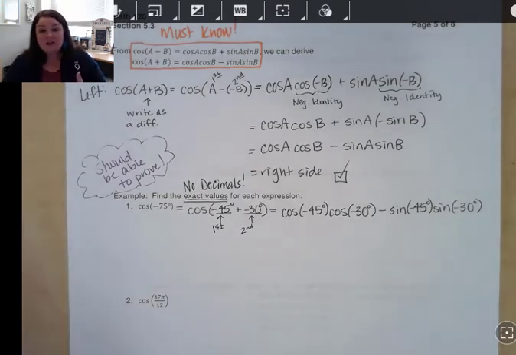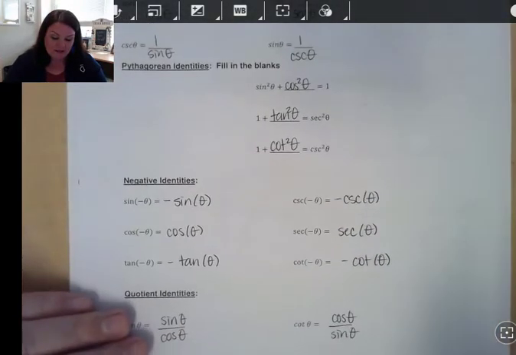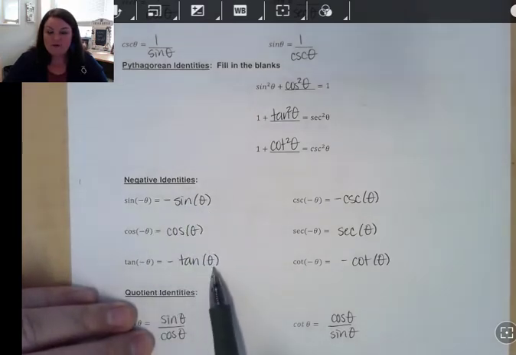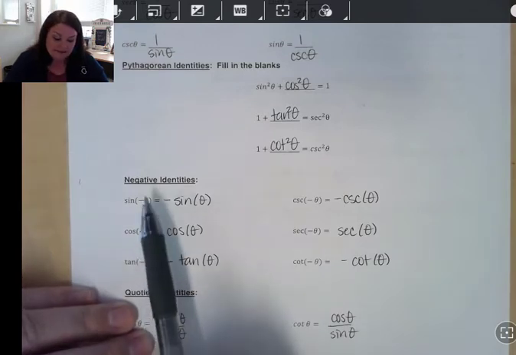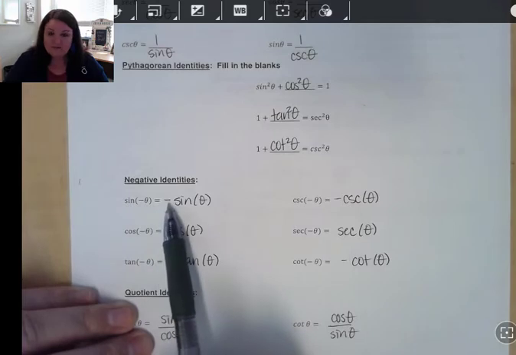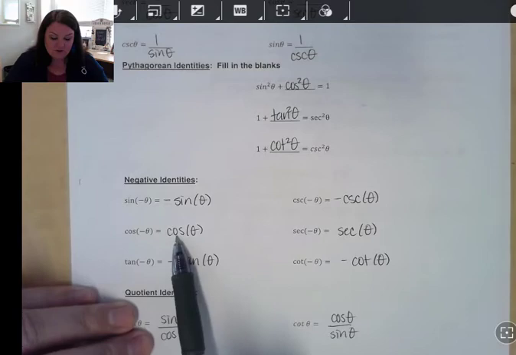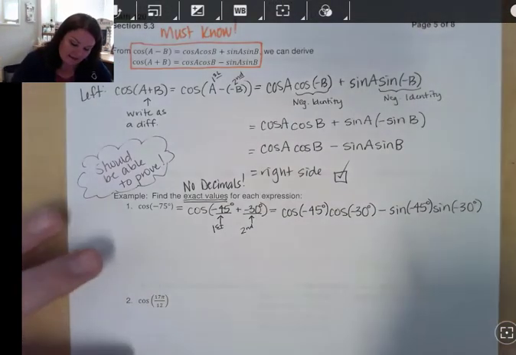I'm going to use the negative identities because all those negative identities that we learned allow us to write our trig functions with positive angle values, rather than negative angle values. Sine of a negative is going to turn into a negative sine value, cosine is going to turn into just a positive cosine value. So I'm going to use our negative identities here.